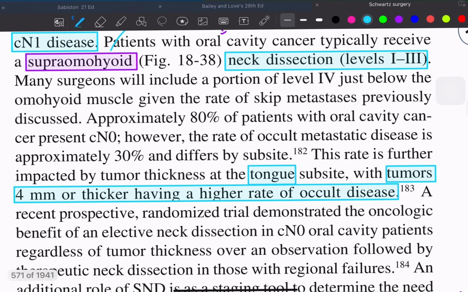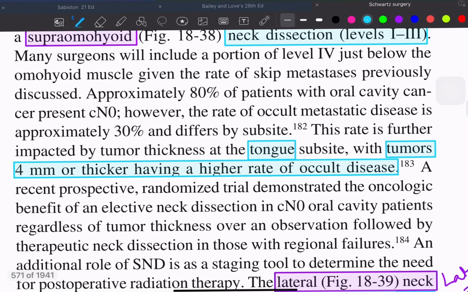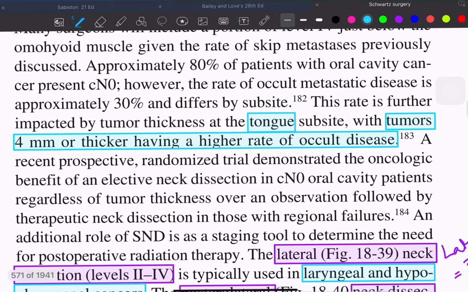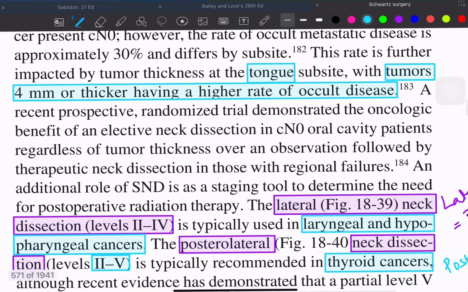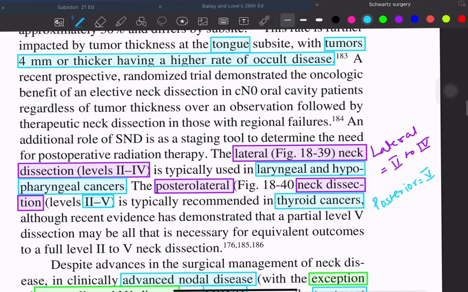One liner is given regarding tongue cancer. If the tumor is 4 mm or thicker, it has a higher rate of occult disease, so 4 mm. As already said, lateral neck dissection: when you hear lateral, it is 2 to 4. It is done for laryngeal and hypopharyngeal cancer. And posterolateral, whenever you hear posterolateral, it's 2 to 4, with the word posterior added to lateral, so level 5.